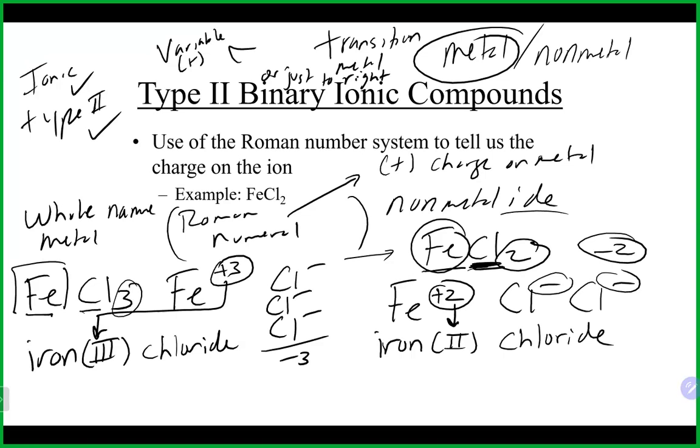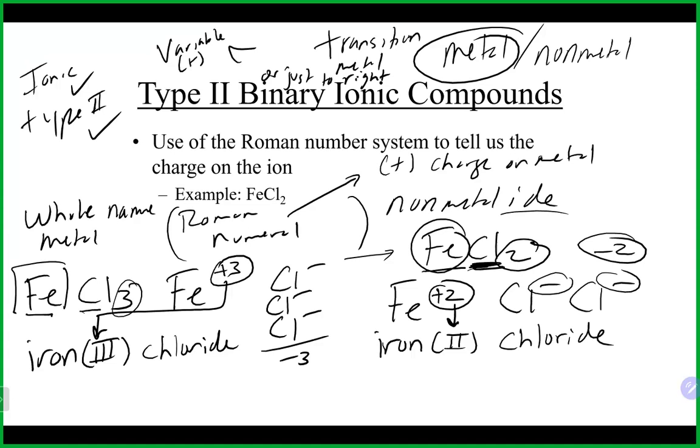So the reason we have to use the Roman numerals for this type of naming, type 2, is because the metal has that ability to make a variable type of charge. And frankly, we need to tell people, hey, in this case, we're talking about the iron with a +2 charge. In the other case, we're talking about the iron with a +3 charge. The reason we do not need to use Roman numerals with type 1 metals is there is no possible way ever that sodium will make anything other than a +1 charge.